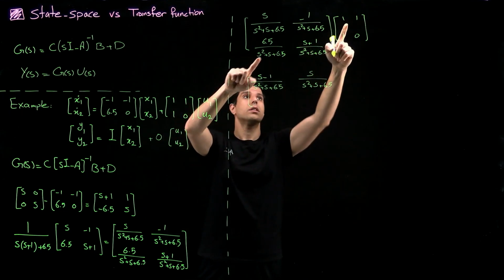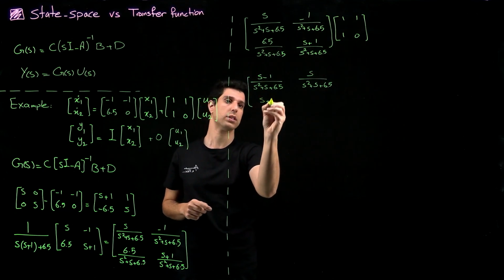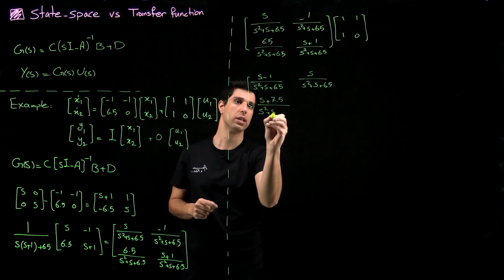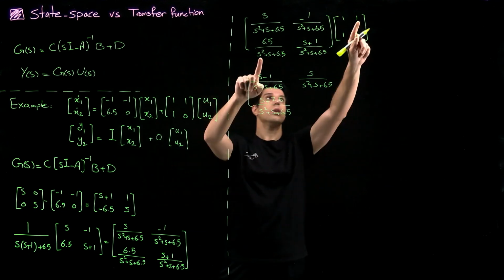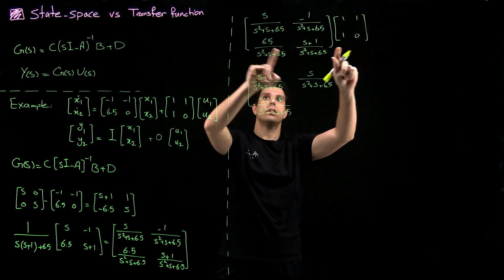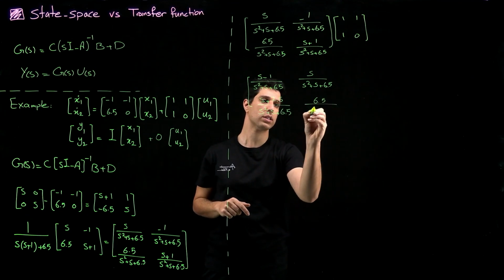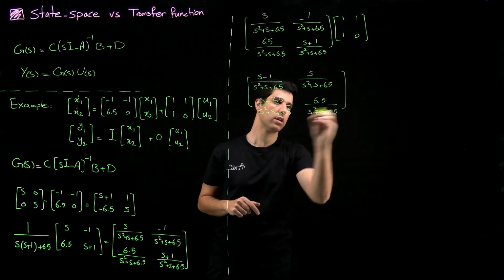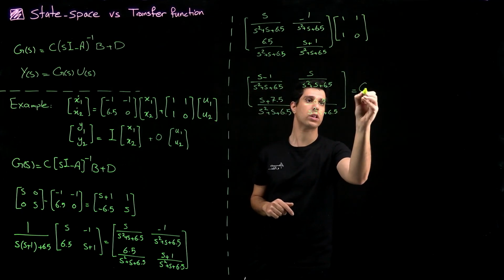Now this plus this, so I have S plus 7.5 over S squared plus S plus 6.5. And last one, this and that, so I only have 6.5 over S squared plus S plus 6.5. And that is my transfer matrix G of S.